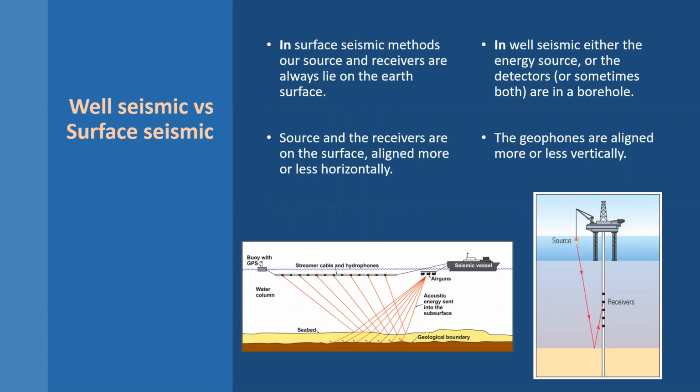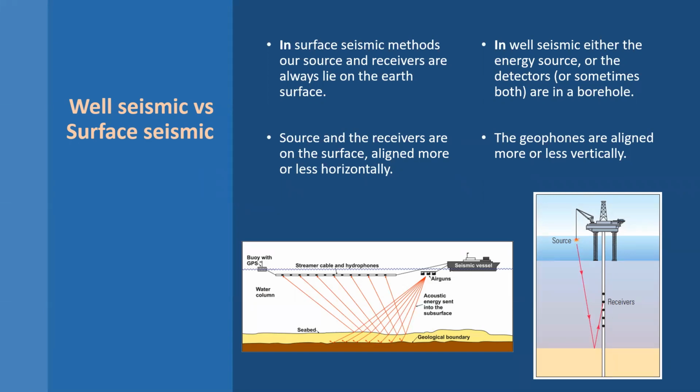I mean, an explosive source is always kept beneath the Earth's surface, while in well seismic, either the energy source or the detectors, or sometimes both, are in the borehole. In the second point, in surface seismic the source and the receivers are on the surface, aligned more or less horizontally, while in well seismic methods the geophones are aligned more or less vertically.